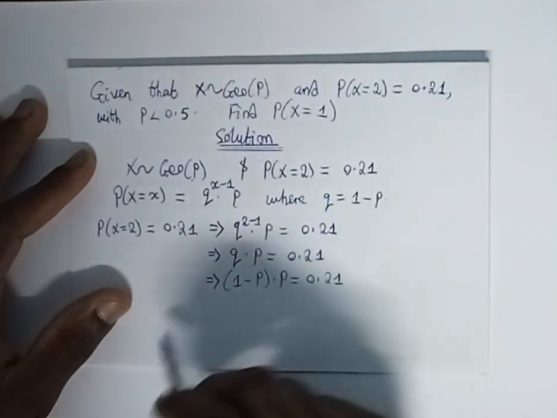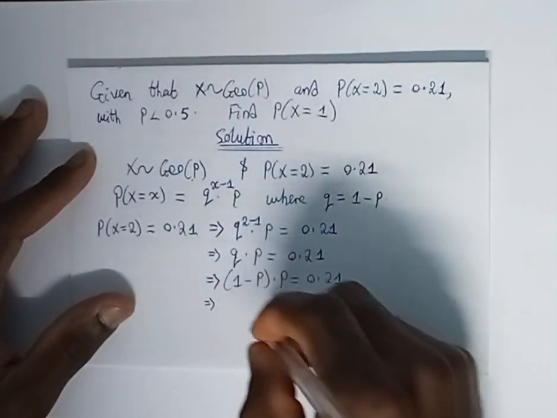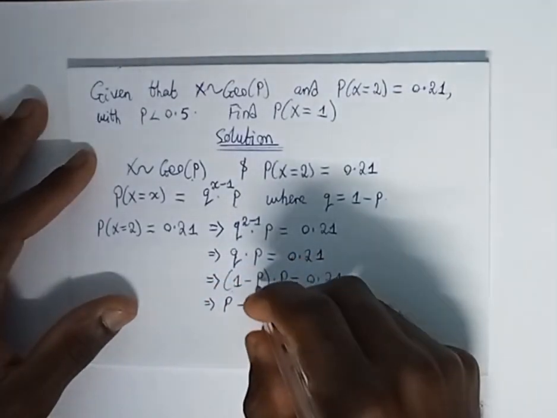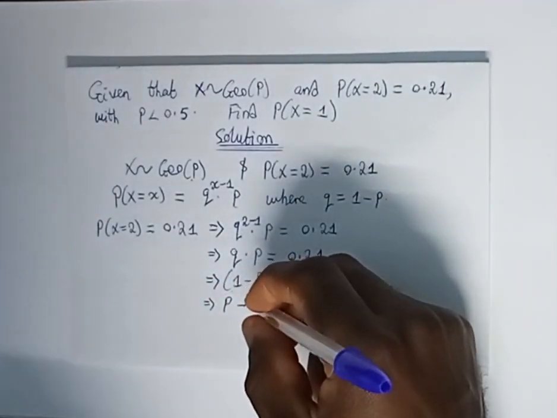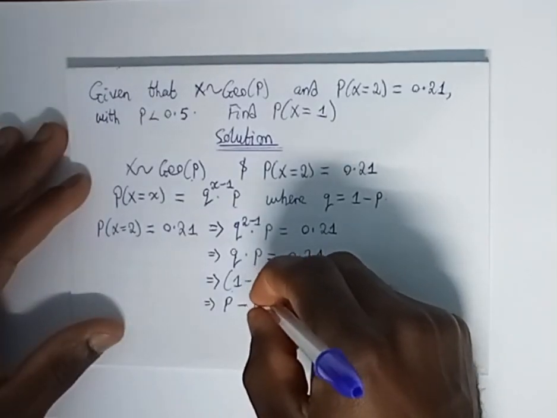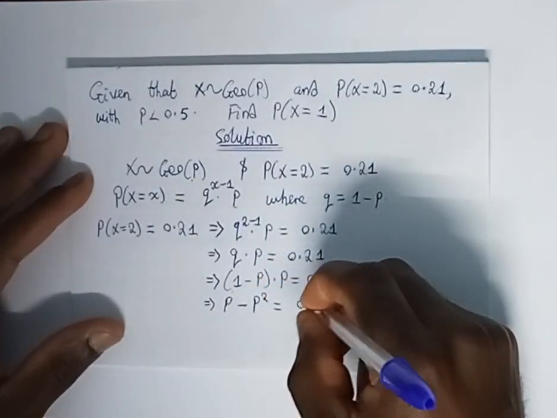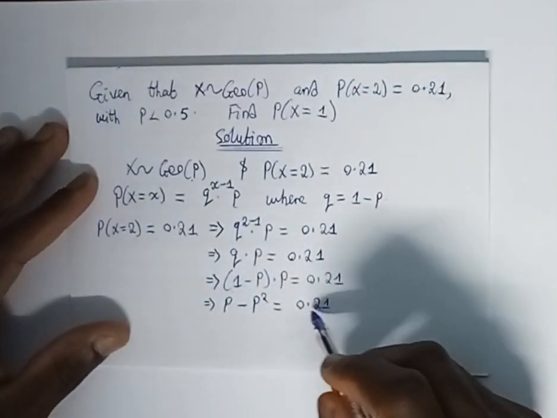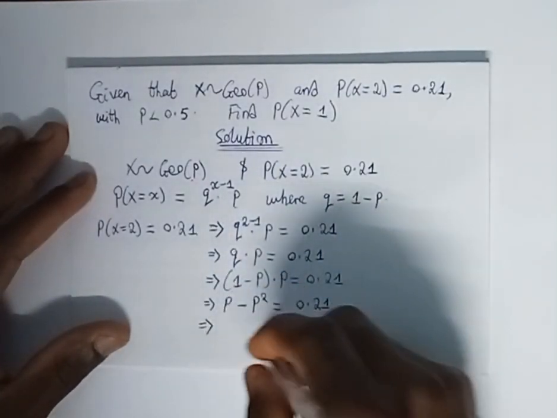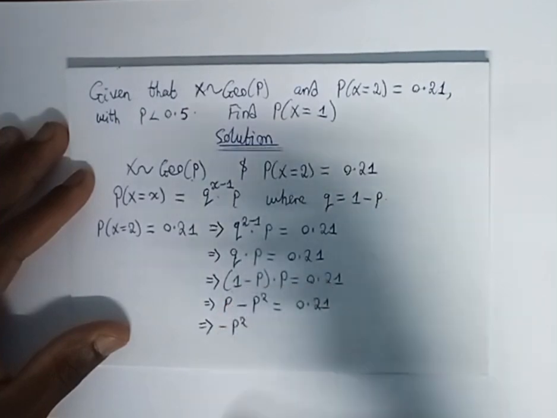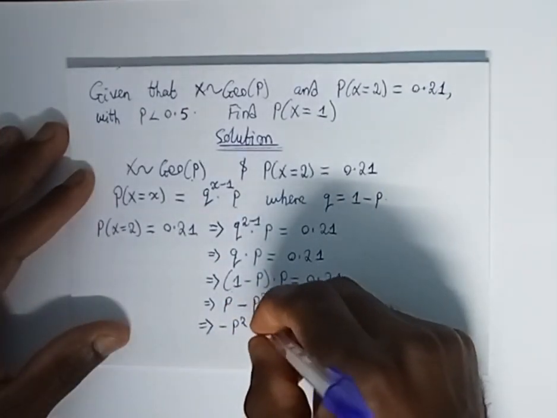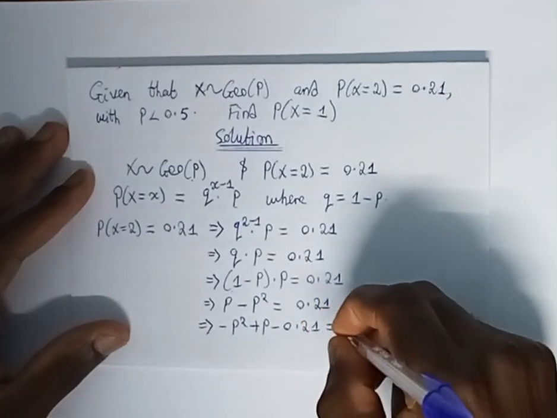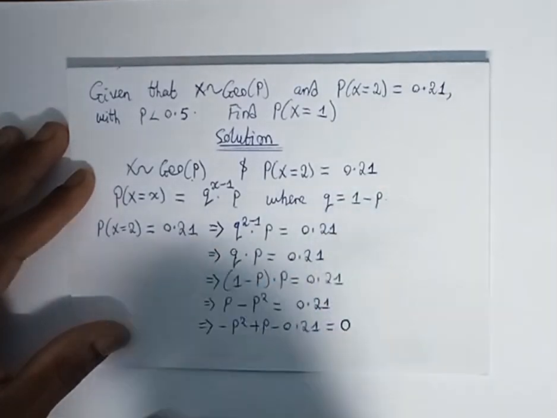Next, we have to expand this bracket. This will give us 1 times P gives P, minus P times P, which is P squared, is equal to 0.21. Next, we have to transfer 0.21 to the left. Then, rearranging this will give us negative P squared plus P minus 0.21 is equal to 0.